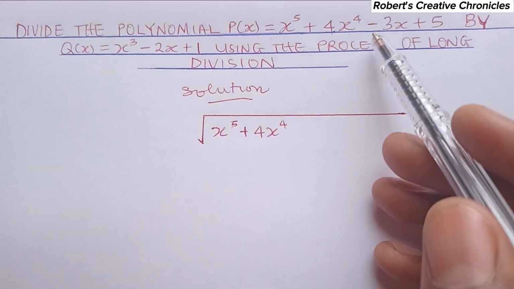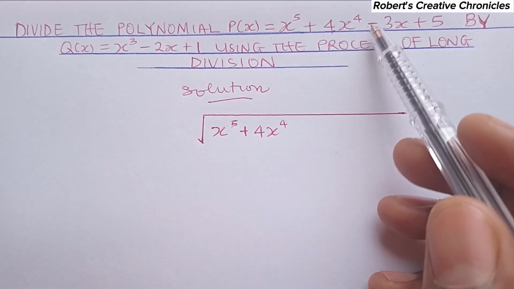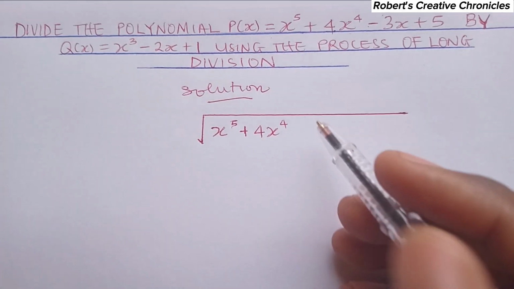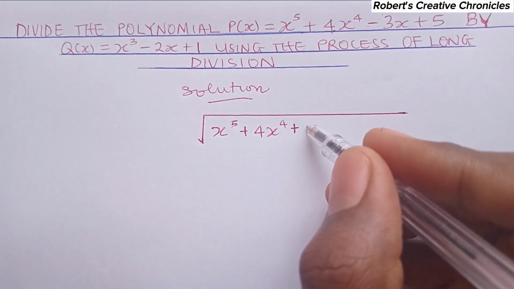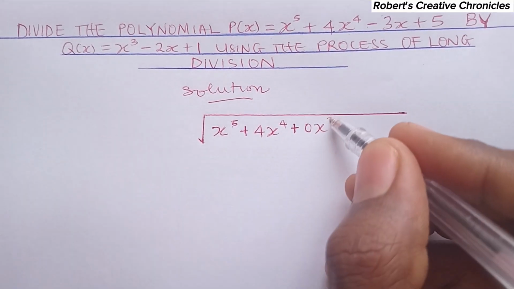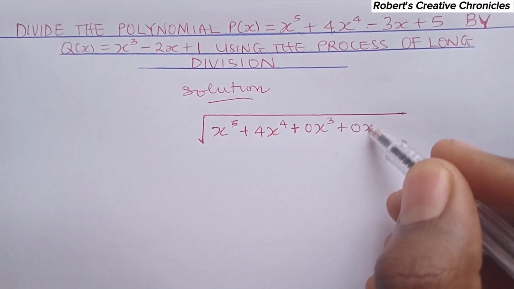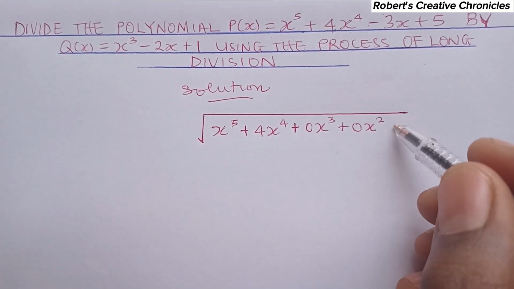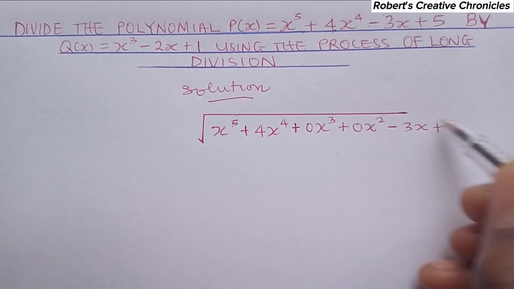Then here, even though there's no x to the power of 3, we have to write 0 to represent it because we'll need it when we are doing subtraction. Plus 0x to the power of 3, plus 0x to the power of 2 also, minus 3x plus 5.